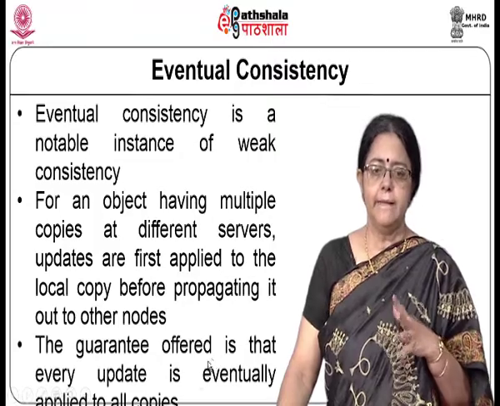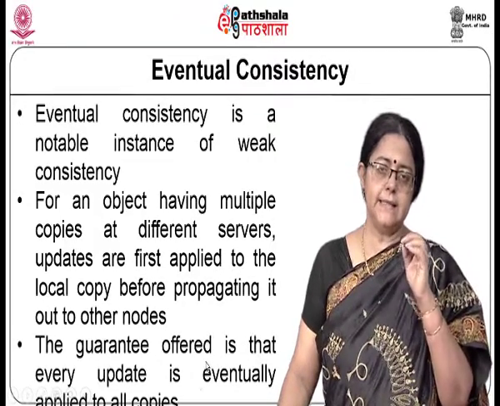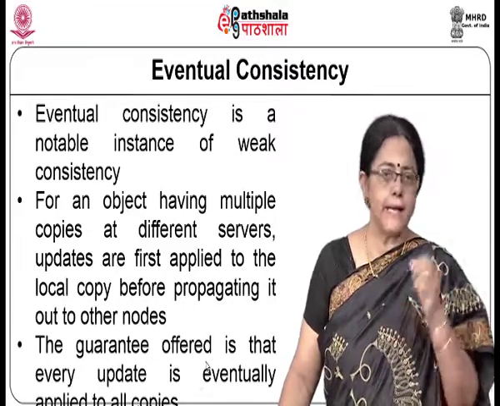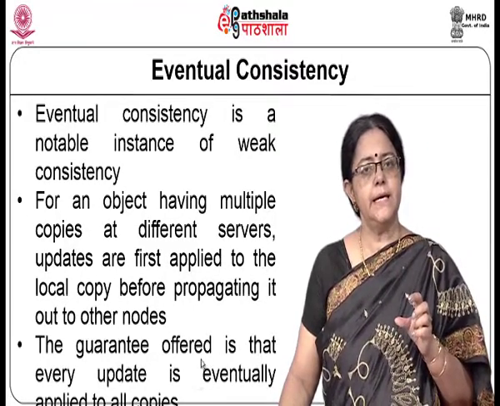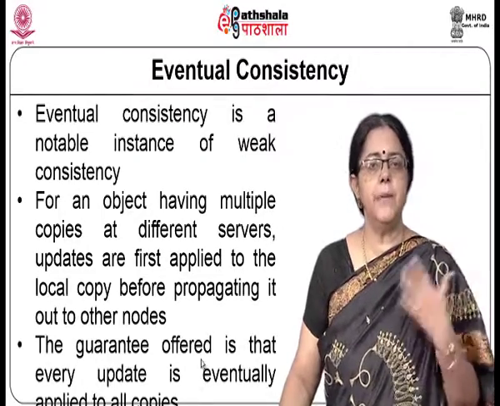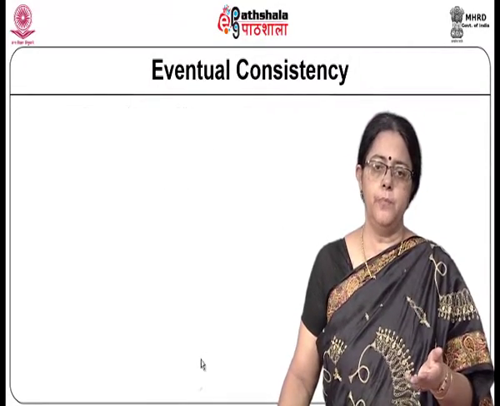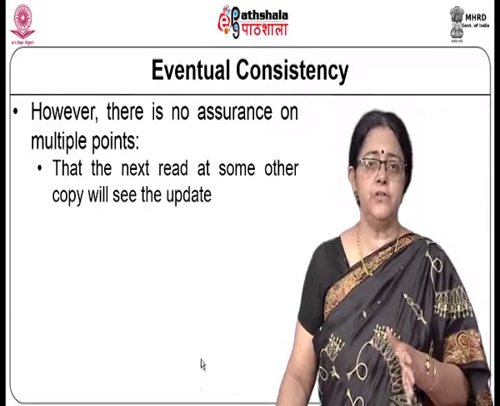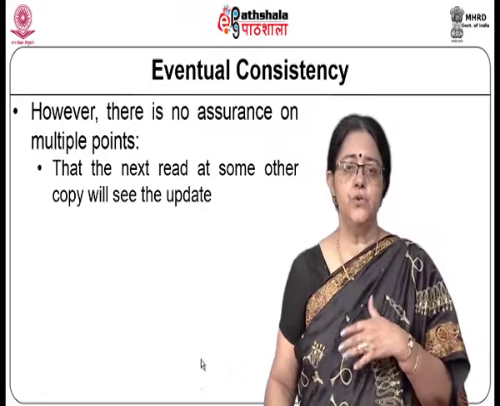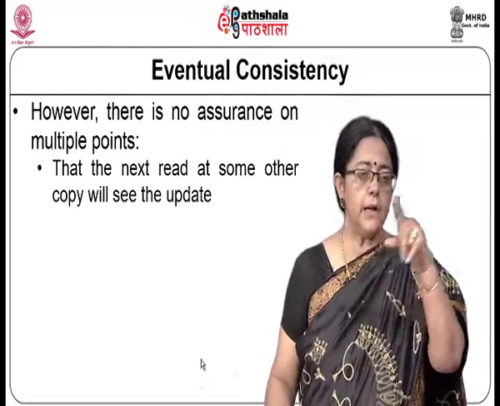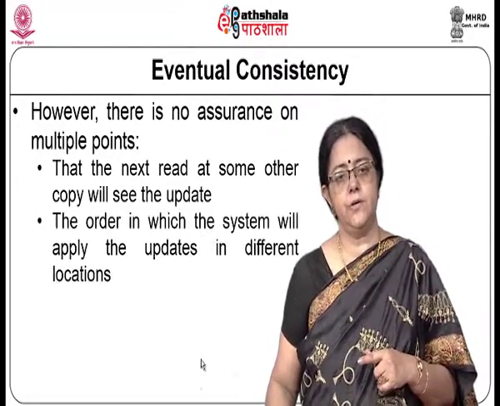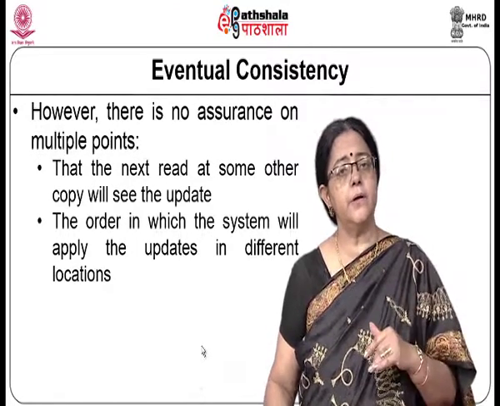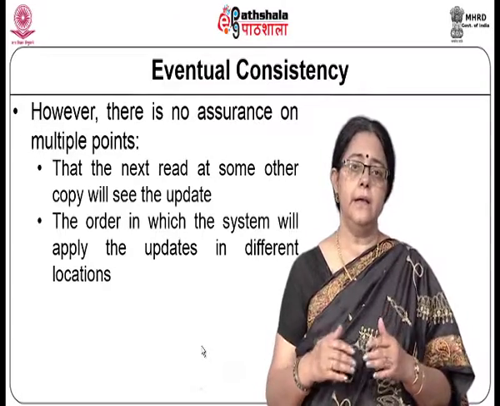When we say that the data is updated, we guarantee that one location is updated and in the other locations the update will eventually be propagated. So, in an eventual consistency, assurance that all copies are updated is not given.